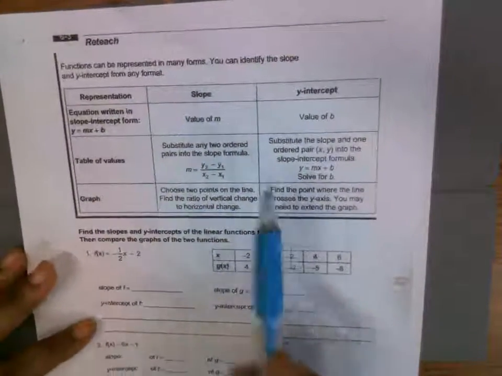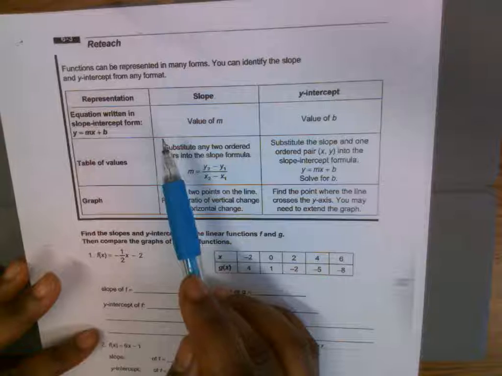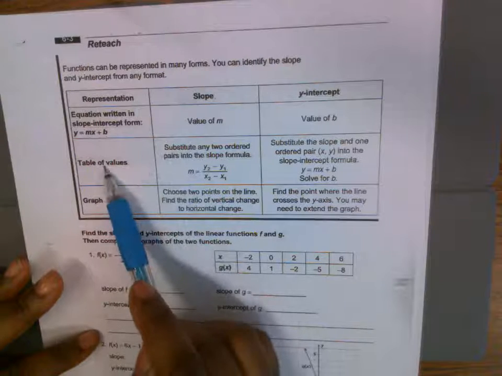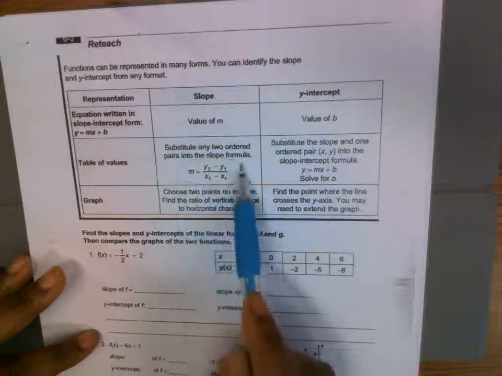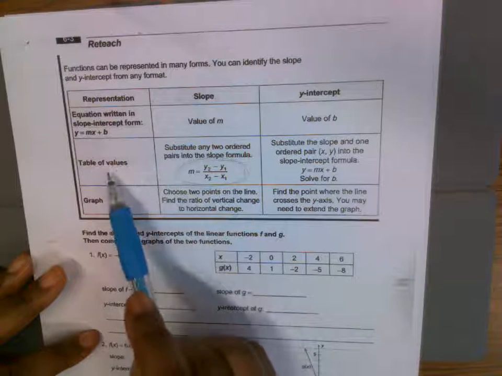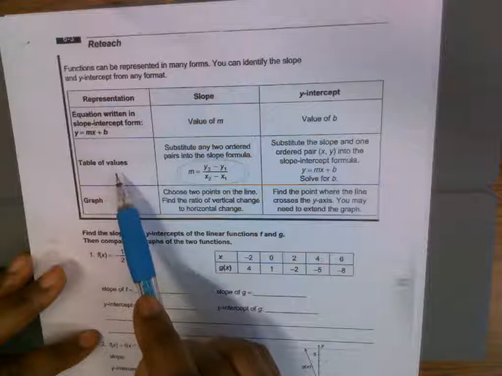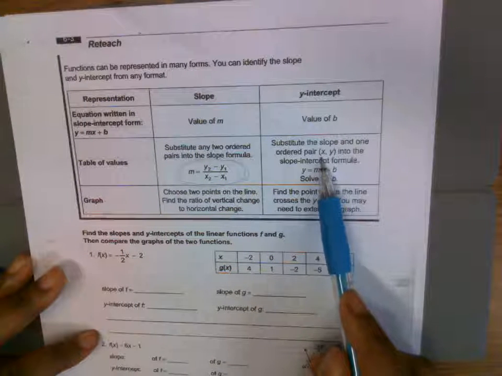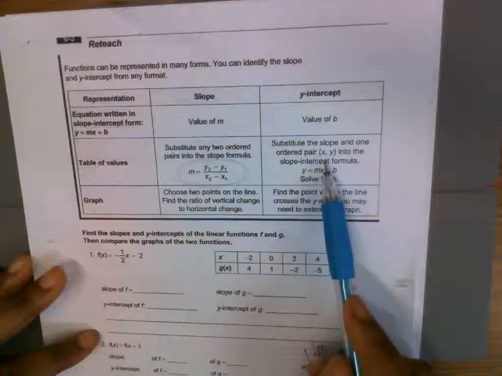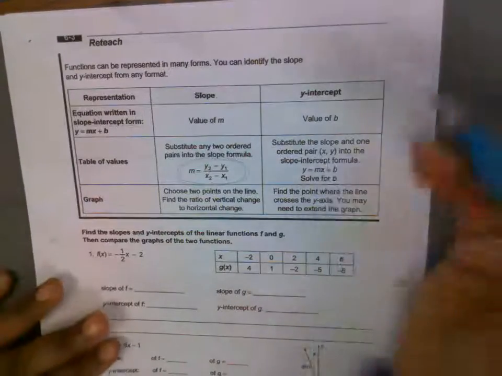Okay? All right, if you are trying to find the slope of a table, then you're going to use this formula. If you are trying to find the y-intercept of a table, you're going to look for when x is equal to 0, and I need to put that here.